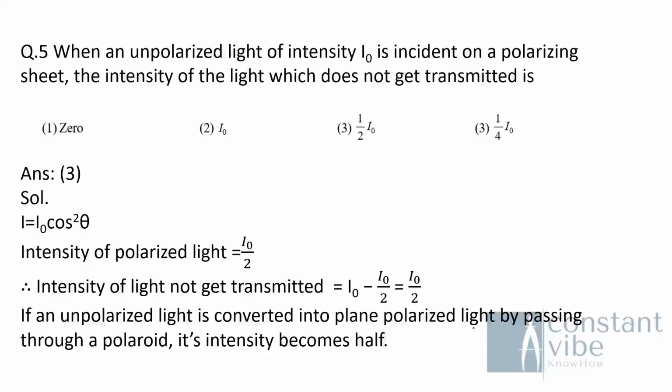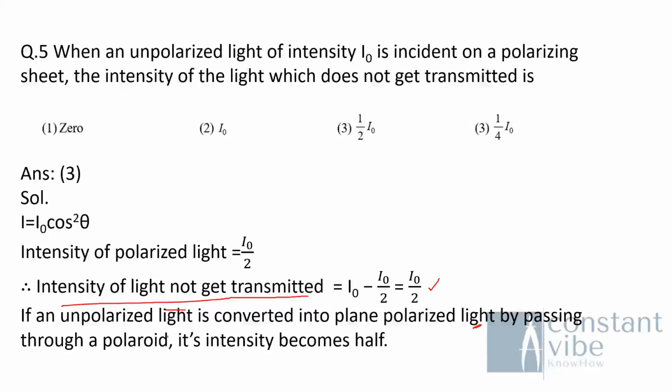So the intensity of the light not getting transmitted is I0 minus I0 by 2, that's equal to I0 by 2. So the intensity is changed to half.